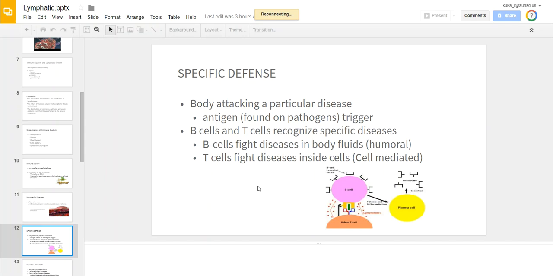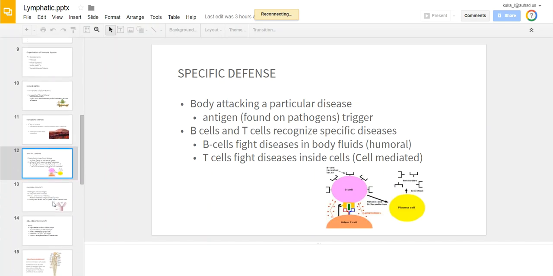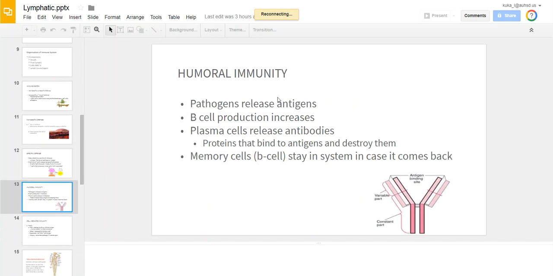B cells fight diseases in your body fluids. We call it humoral. And your T cells fight diseases inside the cells. We call that cell-mediated. So with your humoral immunity, pathogens release those antigens. Again, the pathogen's the bad guy, and they have the antigens.